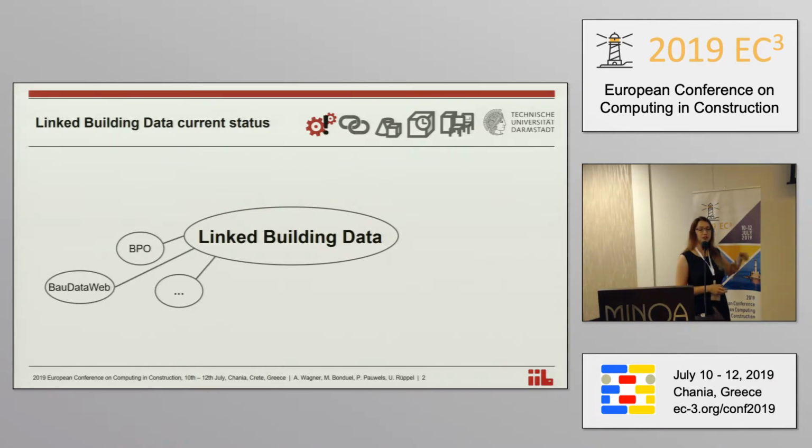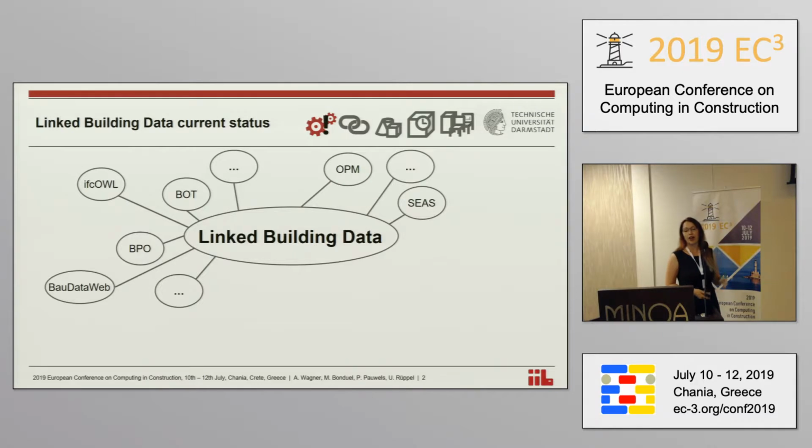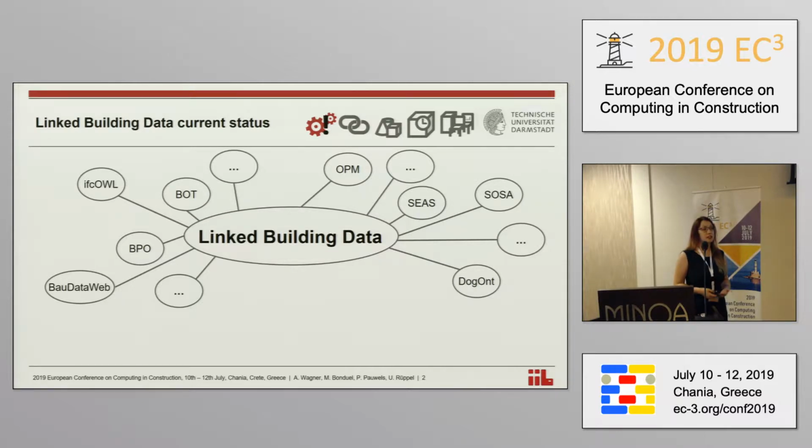For example, to describe products, we have some ontologies, or to describe the building itself, we have the IFC OWL serialization, we have BOT for the topology, we have stuff for the properties like the OPM and the CES ontologies, and sensor data, of course.